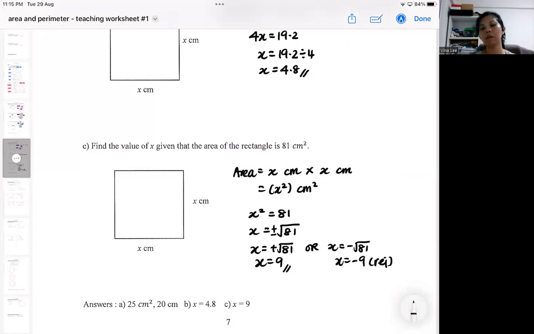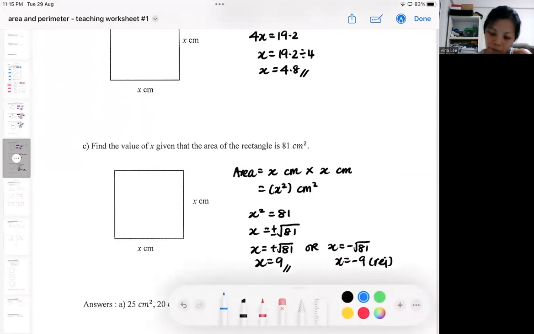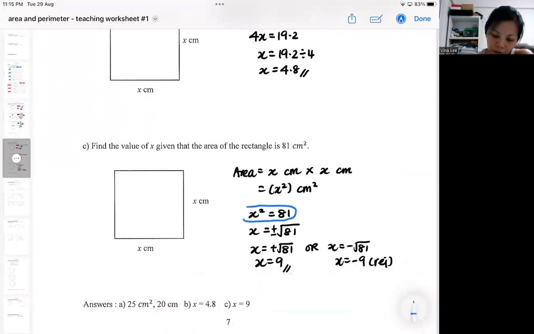Okay, so in case some of you are wondering, why will you get two answers when you take square root? Because you think about this situation, you think about the context. If let's say you do 9 square, you will get 9 times 9, that gives you 81. But if it's a minus 9, you get minus 9 times minus 9.